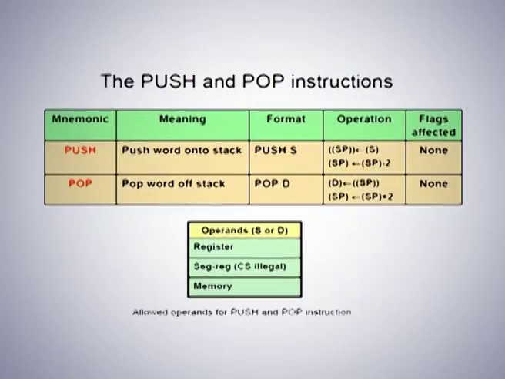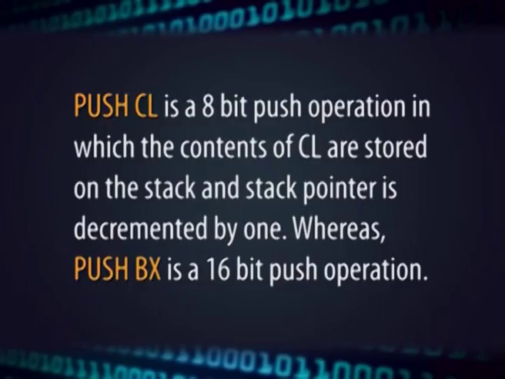Related to stack, there are now two instructions, push and pop. The push instruction can operate on an 8-bit operand or a 16-bit operand. For example, a push CL is an 8-bit operation in which the contents of the CL are stored on the stack and the stack pointer is decremented by 1.